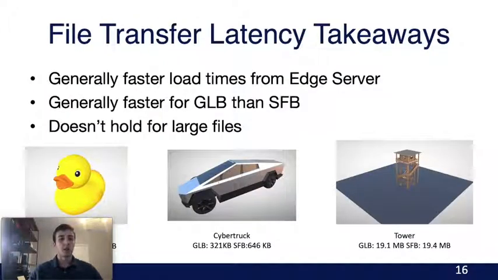We generally have faster load times for edge servers, which makes sense. Edge servers are closer to the user, so the latency is smaller, so it takes less time to download. It's also generally faster for GLB than SFB, which also makes sense since GLBs are much smaller in size. This does not hold for large files. There are several potential reasons for this.